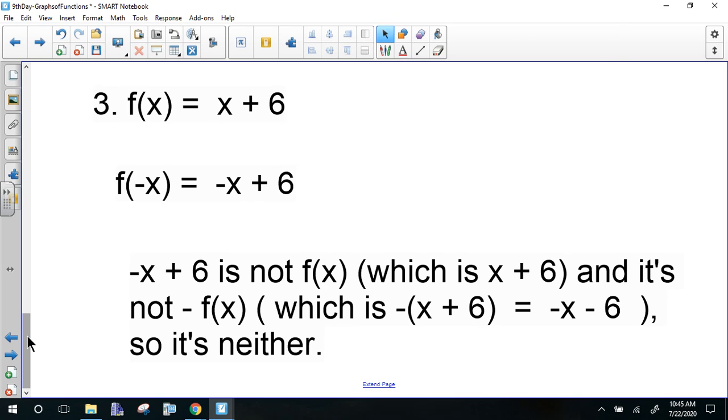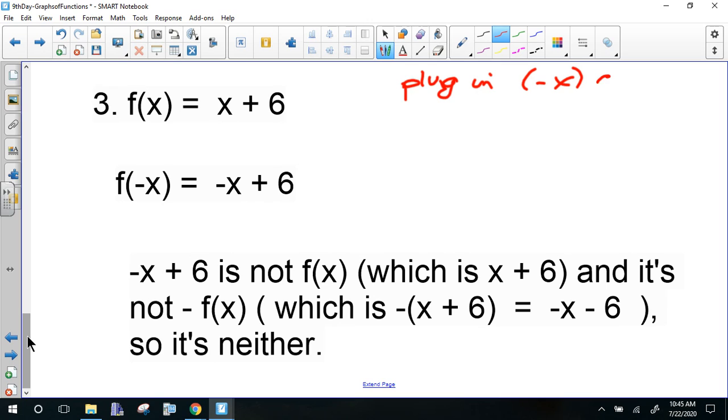And here's another way you can remember odd, even, and neither. If you plug in a negative x and simplify, no signs change, it's even.